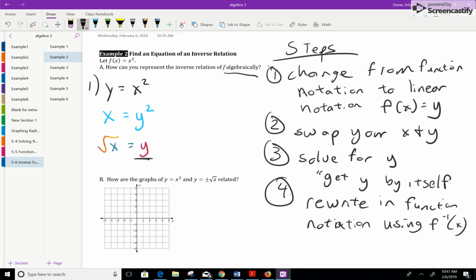So now we're going to replace that y, and we get f to the -1 of x equals square root of x.